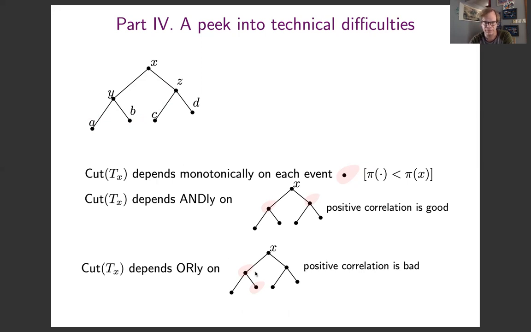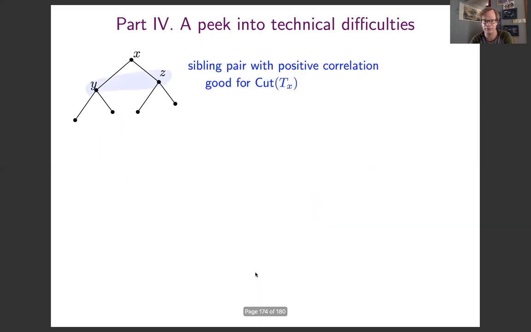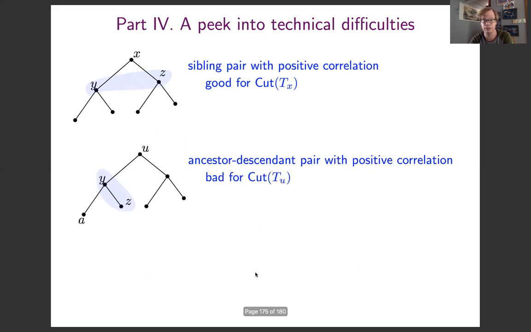Down here, if you have an ancestor-descendant pair, it depends orly. I let you figure out how to formally define andly and orly. And if it depends orly, then the positive correlation is bad. So what if you have the sibling pair where the positive correlation is good, but in an ancestor-descendant pair in a different tree, it's bad.